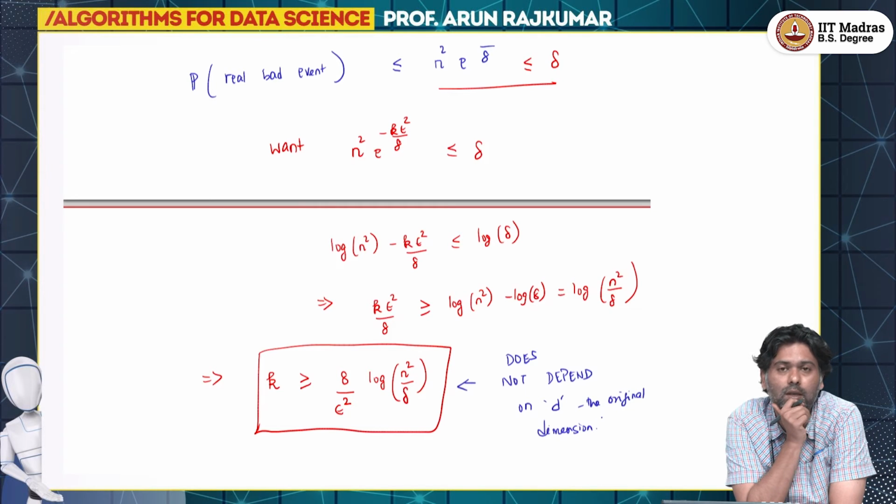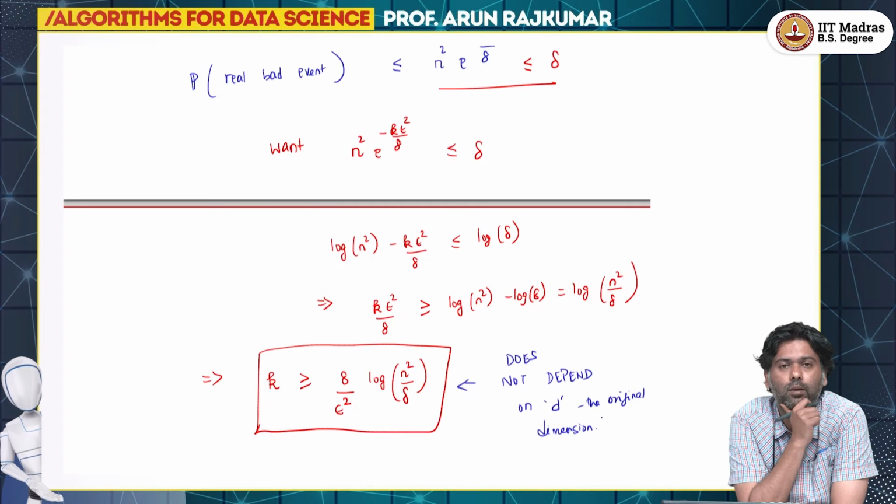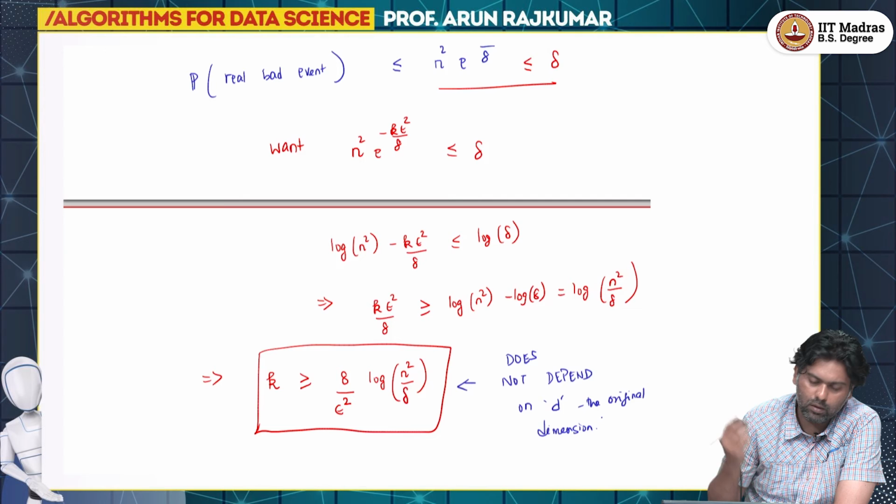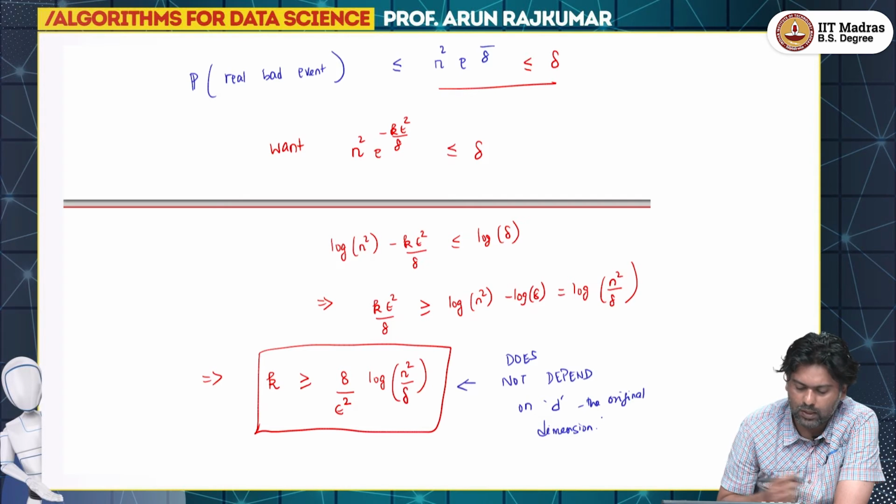Which is the great fact about this lemma, right. So, no matter which dimension you start with, if you have a low dimension which depends only on the number of data points and the accuracy to which you need it, then you are still okay, right. So, that is the power of this lemma.